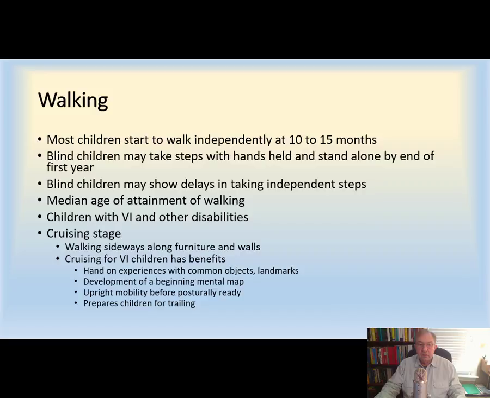It helps them develop the beginning of a mental map. It gives them a chance to practice upright mobility before they may be posturally ready, but it gives them help in doing that. And it also helps them in preparing for trailing, because really they're trailing with one or two hands as they're cruising along. So it's a normal stage, and it's something that's very helpful.